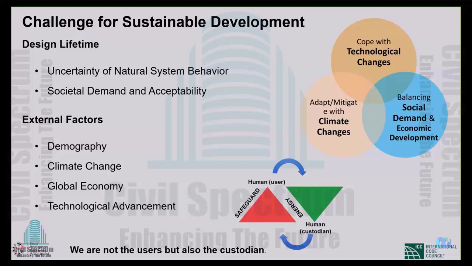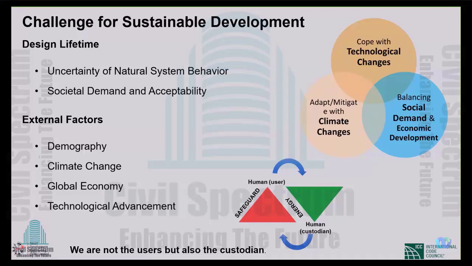So our societal expectations on protection and comfort have changed. They are increasing. Previously a 100-year flood level was okay: in 100 years, one or two times I would go underwater, and that was okay for me. Now no. In 1,000 years, my house should not go underwater. So societal demands also change.